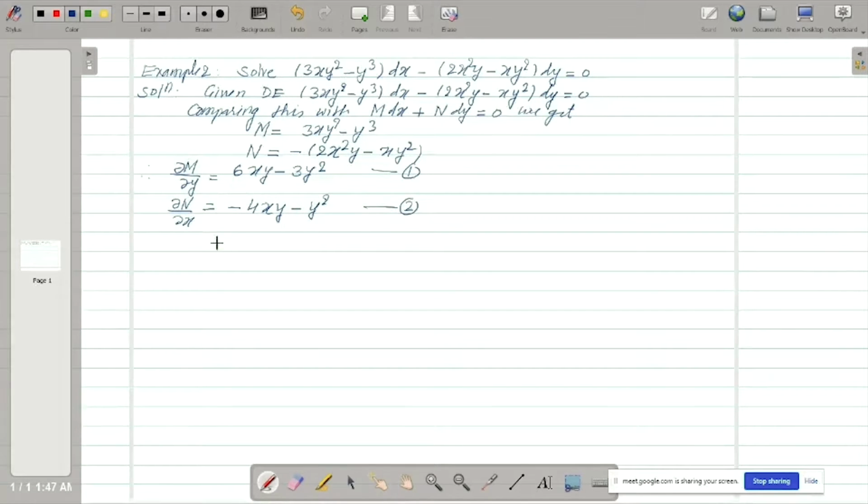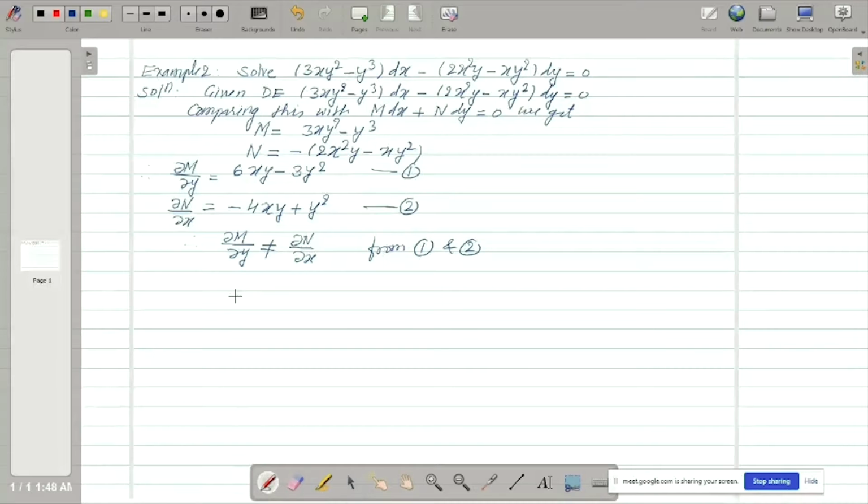From 1 and 2 we can see that ∂M/∂y is not equal to ∂N/∂x. Multiplying the minus sign inside, the y² term becomes plus. So ∂M/∂y is not equal to ∂N/∂x from 1 and 2.